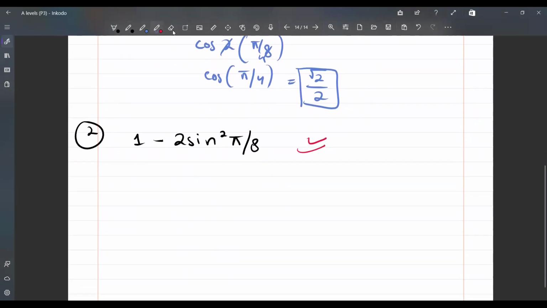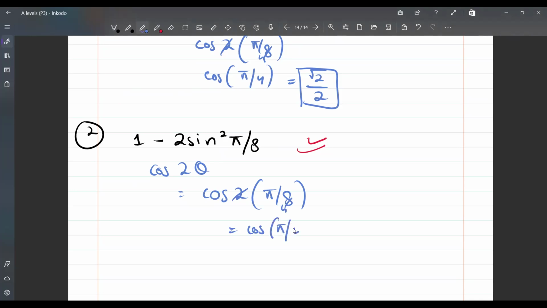So we will just apply cos 2 theta here. We'll write cos 2 pi upon 8, which is cos pi upon 4, which is what?